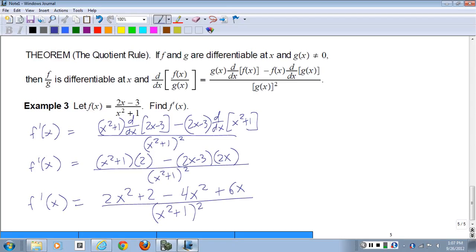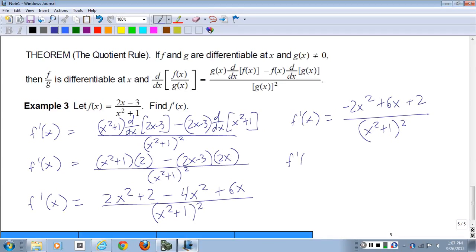Just about there, I think. Combine the x squared terms to get 6x squared. No. Opposite signs there. Negative 2x squared. Negative 2x squared plus 6x plus 2 all over x squared plus 1, quantity squared. Now I suppose if we could factor the numerator in such a way that there was a factor common to something in the denominator and we could reduce it, that would be a good thing.